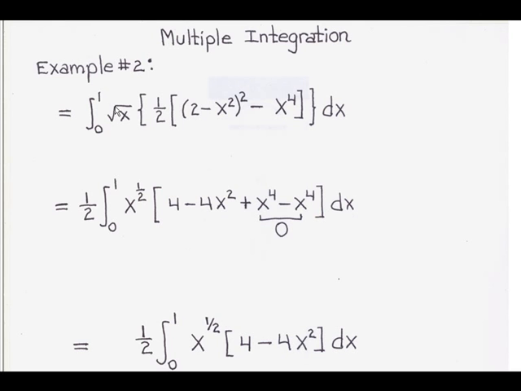We took the square root of x and wrote it in its exponential form, x to the 1/2. Now within the brackets, after expanding and simplifying, we have 4 minus 4x squared plus x to the 4th minus x to the 4th. We see here that x to the 4th minus x to the 4th is 0.